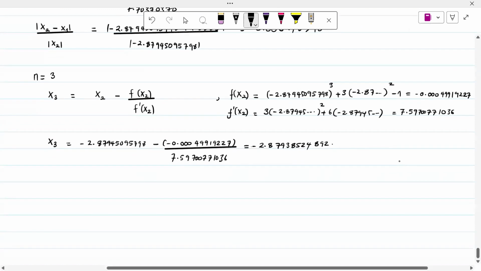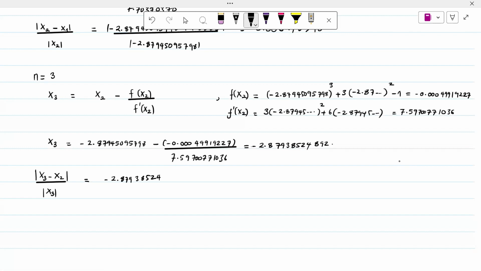Now again, since we have x3, we can now check the condition as well. So we're going to say x3 minus x2 divided by x3. So let's check. Our x3 is at the value here, negative 2.8793852, 892, minus our x2.